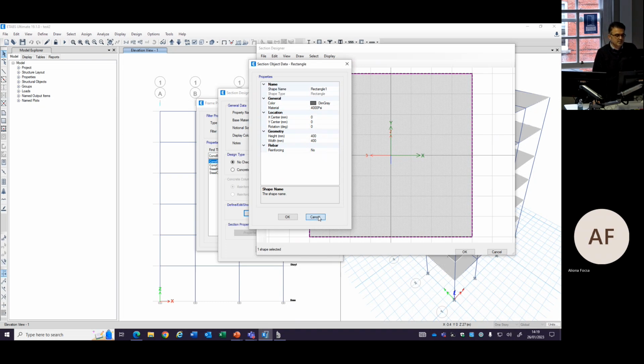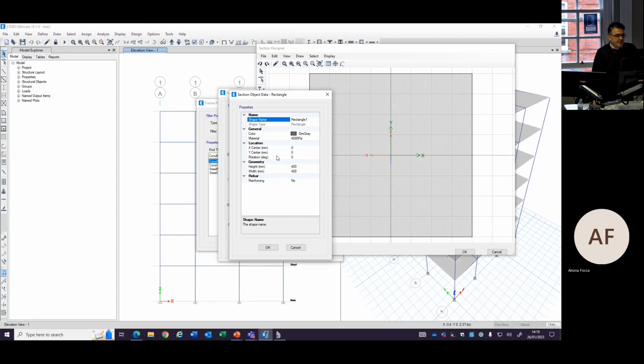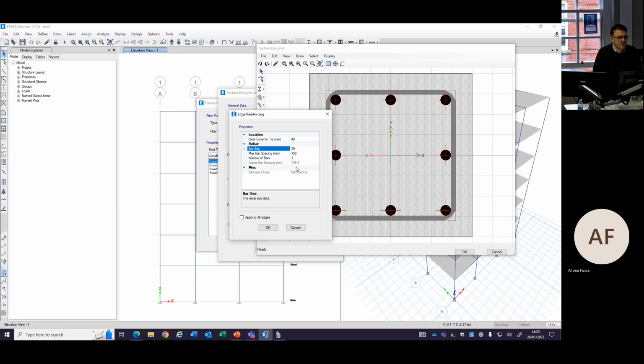So I need to add some reinforcement. Again I right click on it, rebar. I can use a rebar here, 8 rebars. Like this, 8 rebars, and you can change it. If you click on the rebars, you will see the bar size is 25.